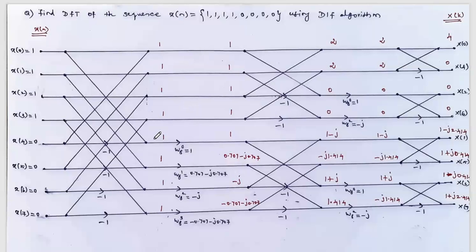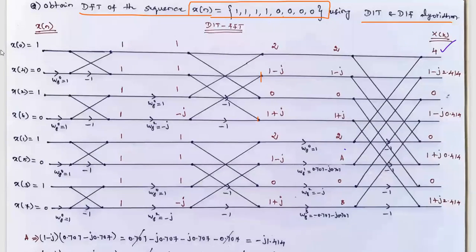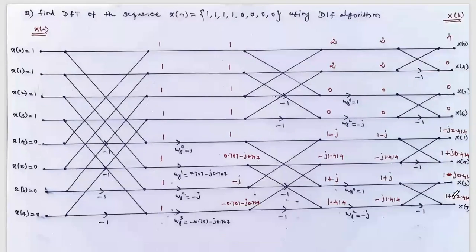Another difference is that in the DIT algorithm, the input x of n, we give in a bit reversed order, and the output is available in natural order. But in the DIF algorithm, the input we have to give in natural order, as it is: 1 1 1 1 0 0 0 0. So the first input is x of 0, second input x of 1, x of 2, x of 3.